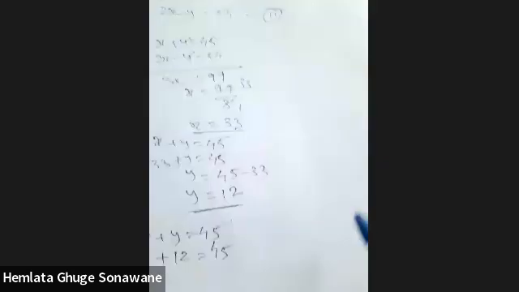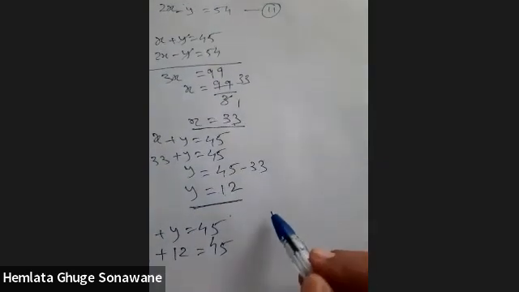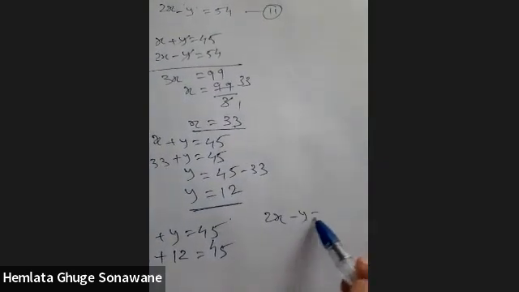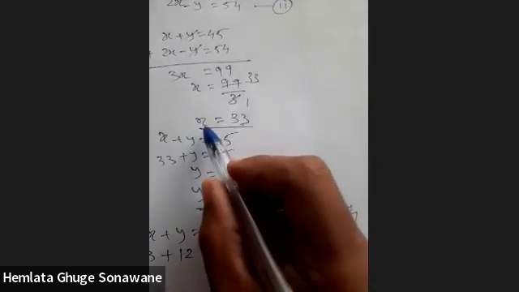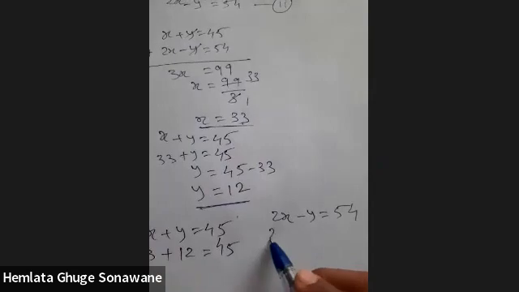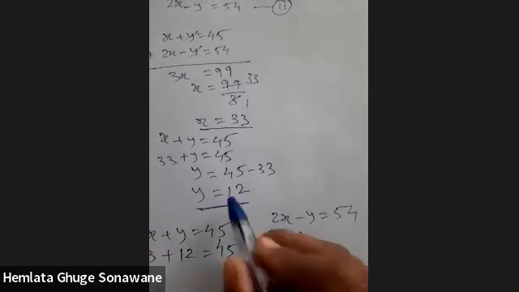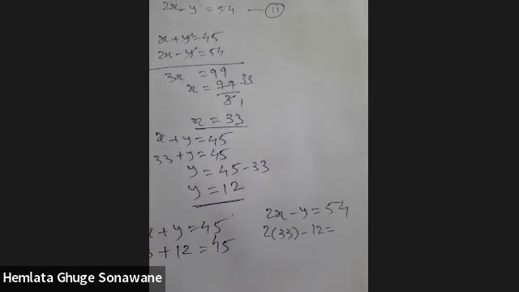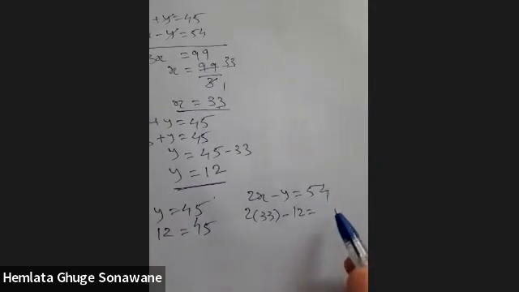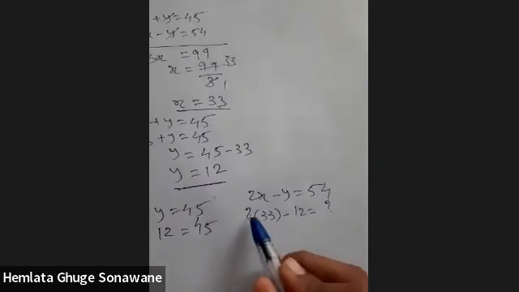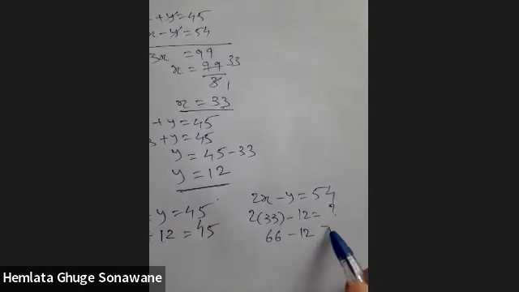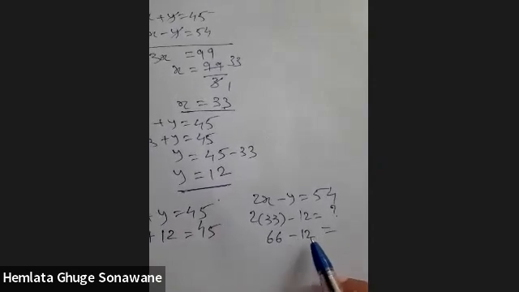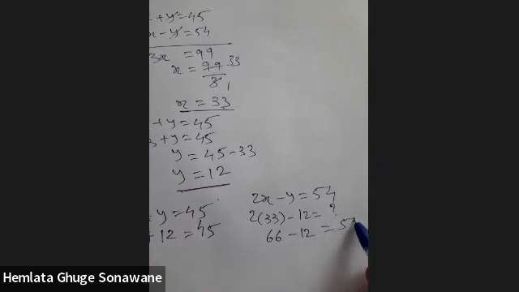The second condition, 2x minus y is equal to 54. The x value is 33, so 2 into 33 minus y, which is 12, is equal to, we have to find out. 66 minus 12. 66 minus 12 becomes 54.